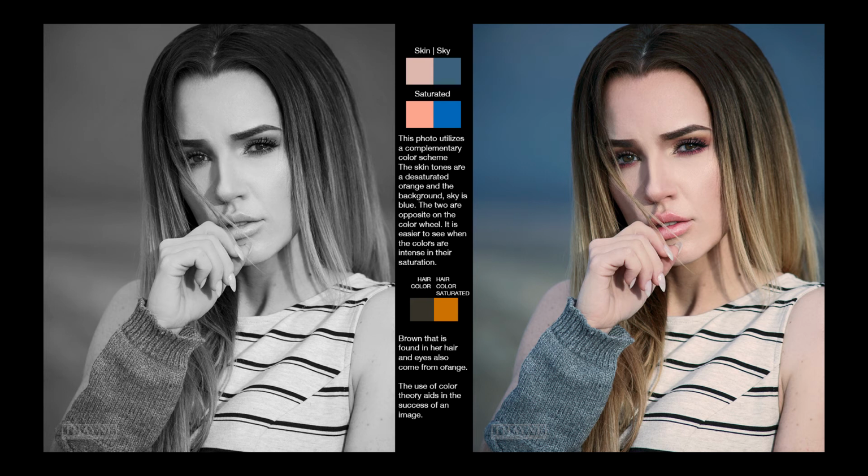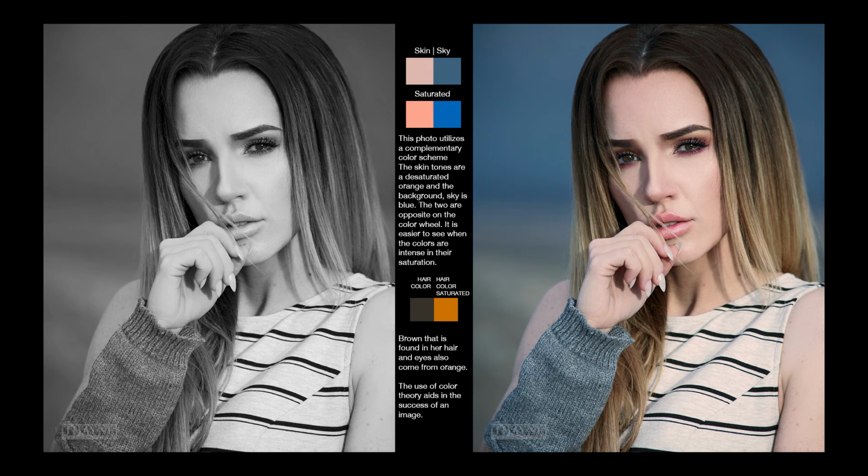And you can see, looking at the example here, I've got some color swatches for you, where I have taken the actual colors from the background and then also saturated them so that you can see that a lot more. And you can see that her skin tones are orangish, and the background is, of course, the sky. We got a little bit of mountains back in there too, and it is very blue. So those are on the opposite side of the color wheel, and it helps create that punch.